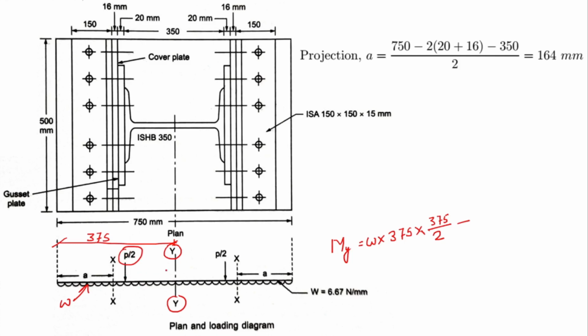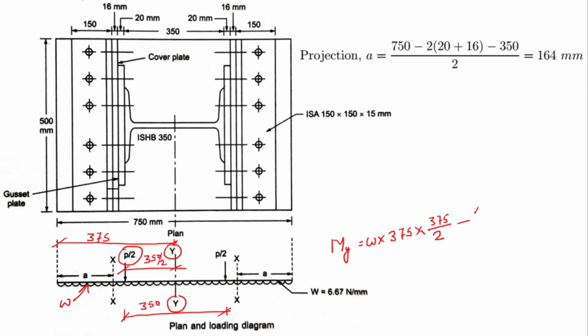From YY to P by 2, this distance is 350 by 2, because the total distance between the two P by 2 is equal to the depth of the I section, which is 350.